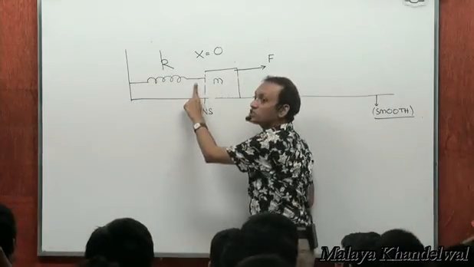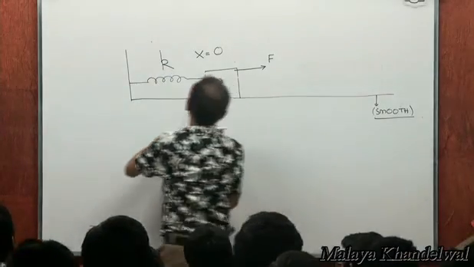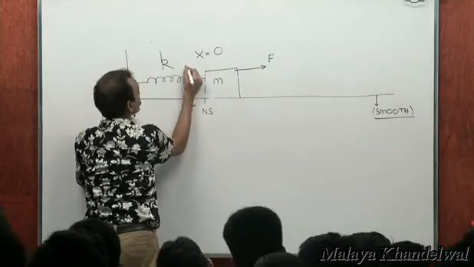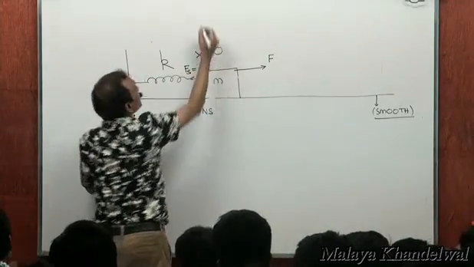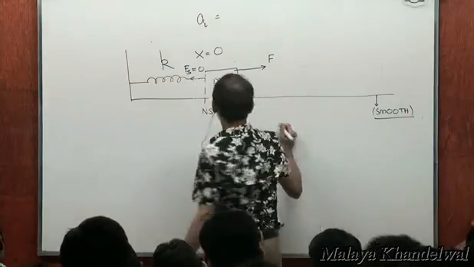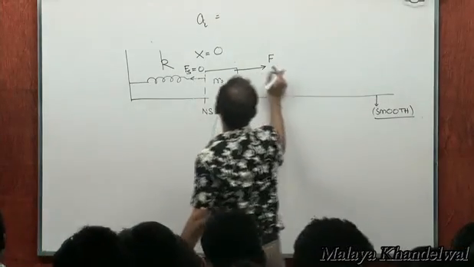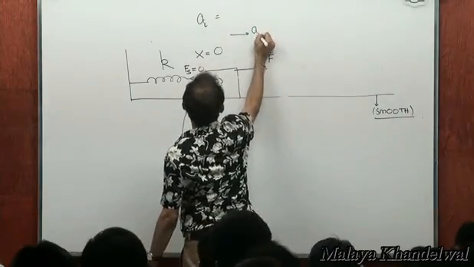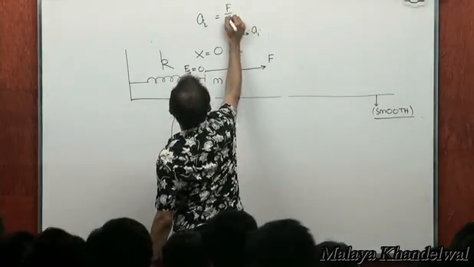The spring force is initially 0. What's the initial acceleration of the mass m? F by m is the acceleration of the mass m initially to the right.